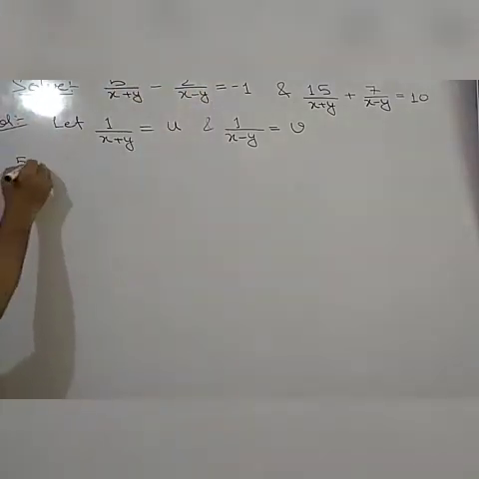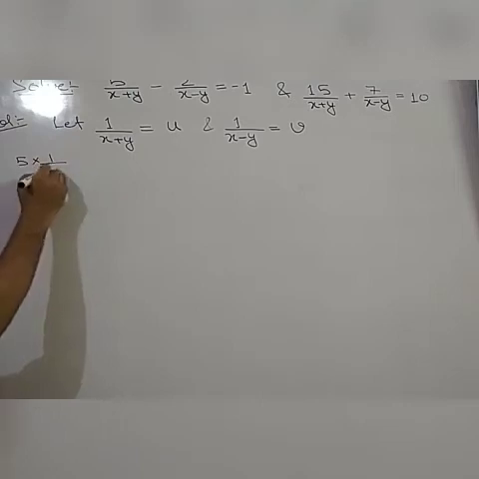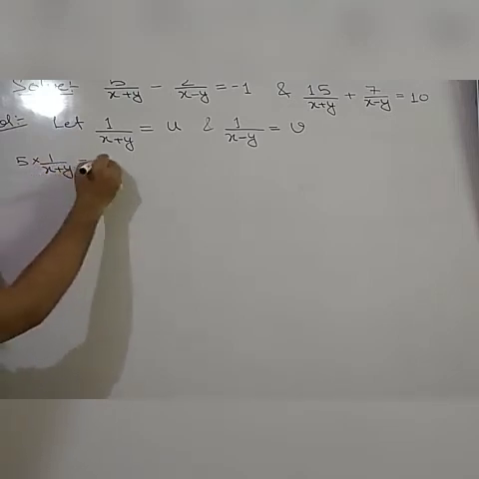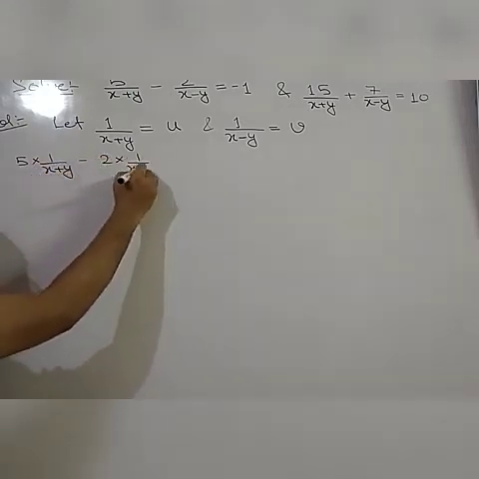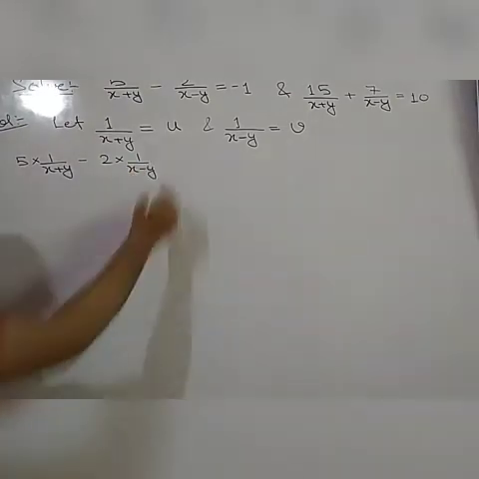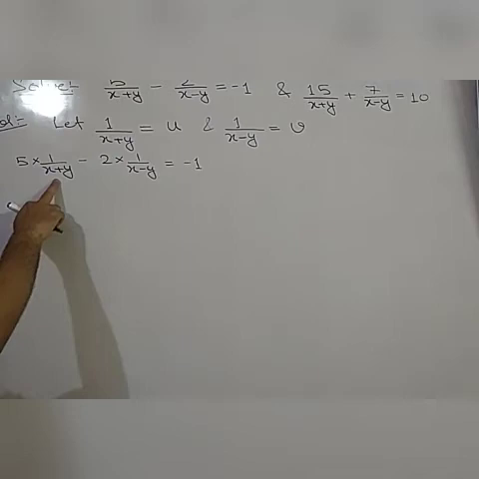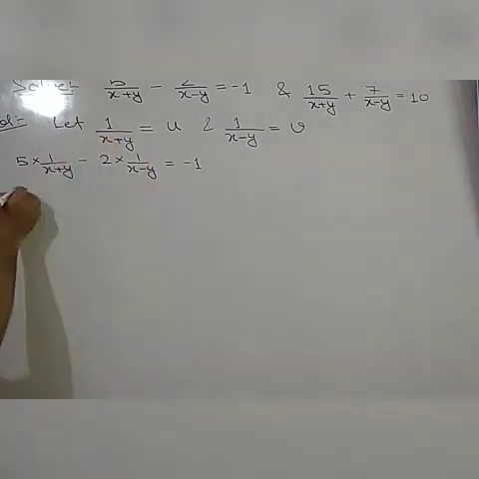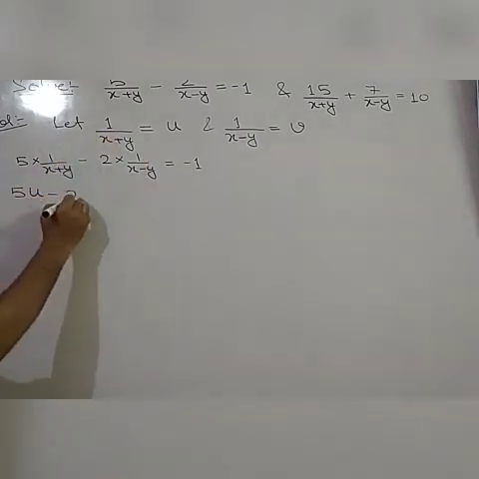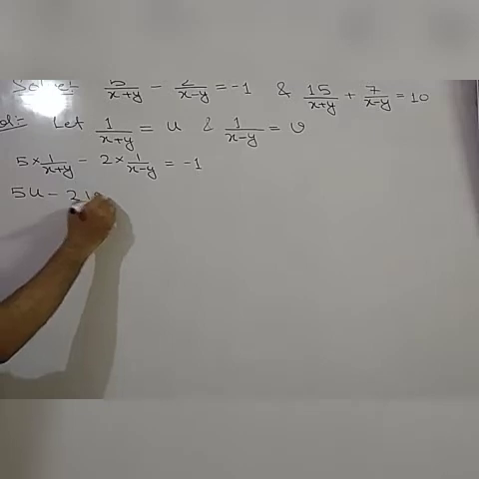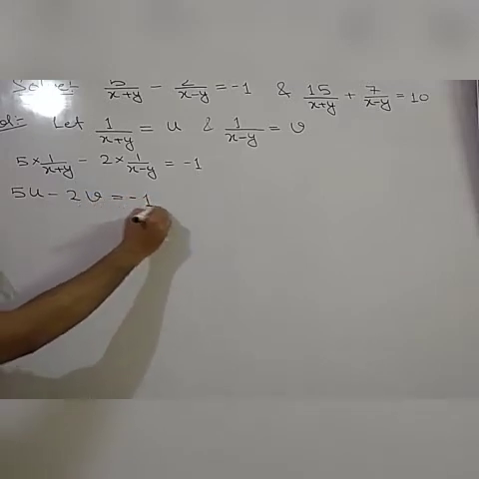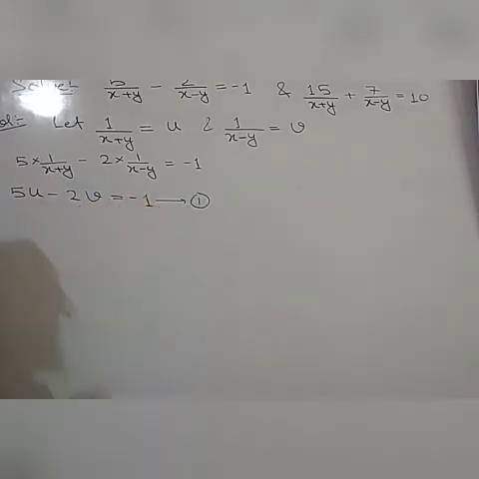You can write it as 5 into 1 upon x plus y minus 2 into 1 upon x minus y is equal to minus 1. So you can put the values, it will be 5u minus 2v is equal to minus 1. It is equation number 1. We have taken it as equation number 1. Clear?